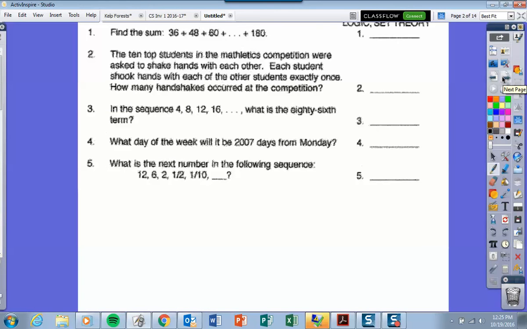If we go on to our next one, sequence, series, and all that jazz. Find the sum of everything here. Well, my pattern is plus 12, so one way to do it would be just to add 12 to everything.